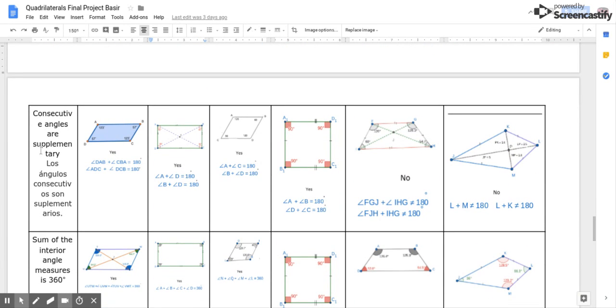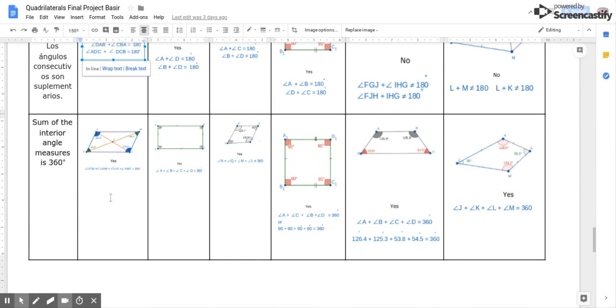Consecutive angles are supplementary. If you look at the first example in the parallelogram, DAB plus CBA is equal to 180 degrees. If we add up those two angles, we get 180 degrees because they are consecutive angles.